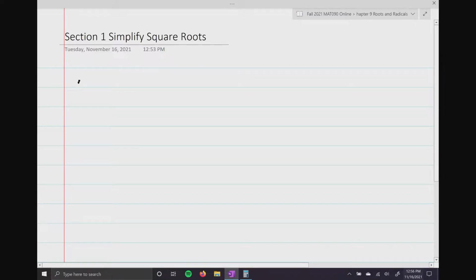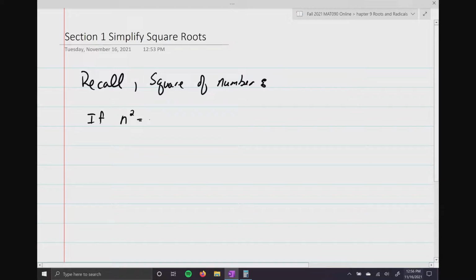So the first thing, let's recall. That's a horrible looking R. So we're going to recall that a square of a number is defined as the following. If n to the second power equals m, then m is the square of n.